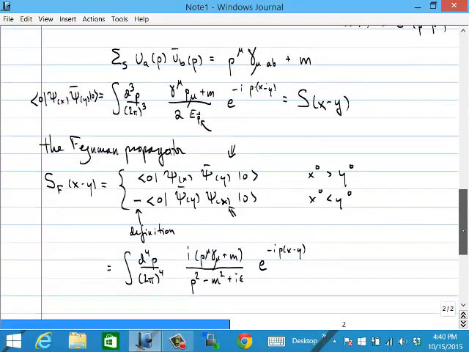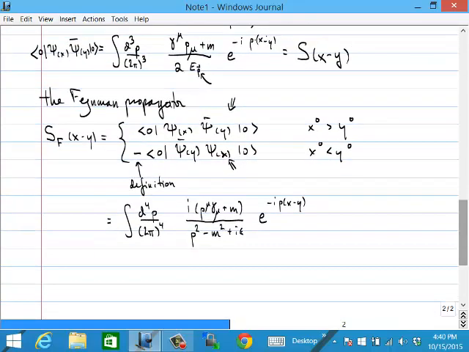Let me just make one comment about this. One of the defining characteristic features of the propagator of a real scalar field was that it was a Green's function, in the sense that if you acted on it with the Klein-Gordon operator, you got a delta function. The same is true of this Feynman propagator here.